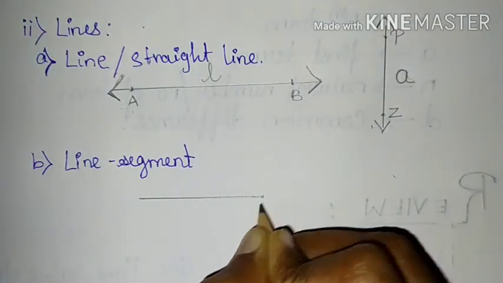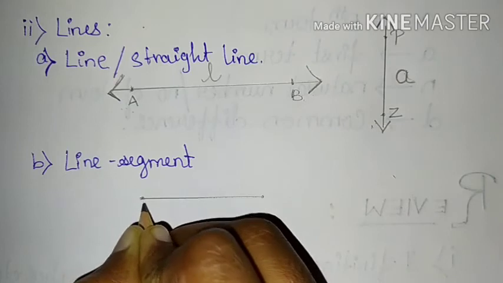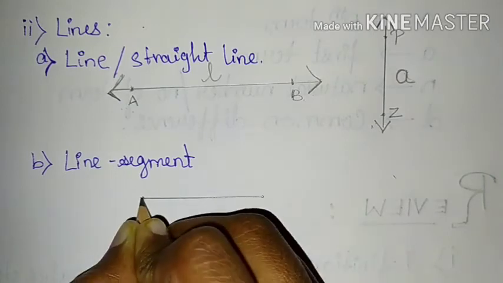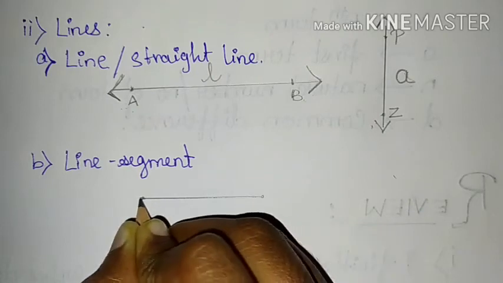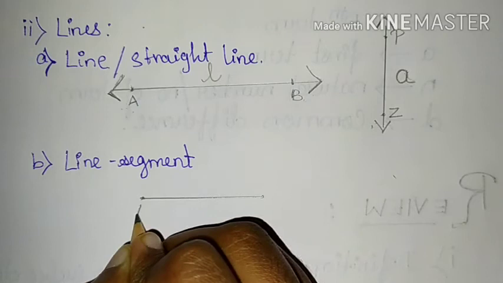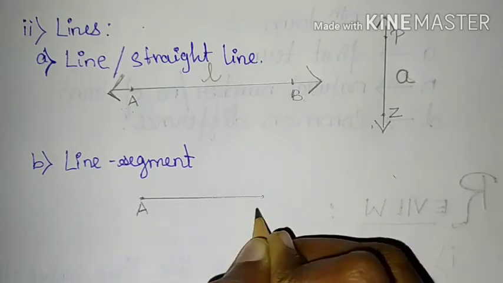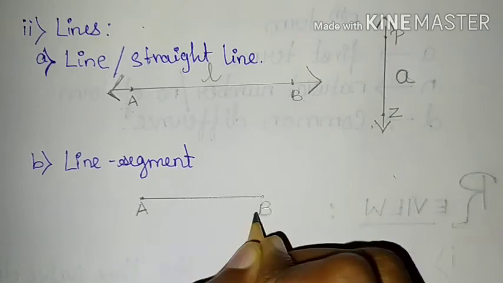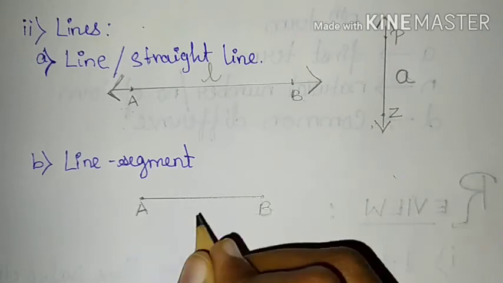This is a line segment with two endpoints at the ends. The two points at the end are known as endpoints. And to name a line segment, we always use capital letters at the ends. We name the endpoints and call it line segment AB.